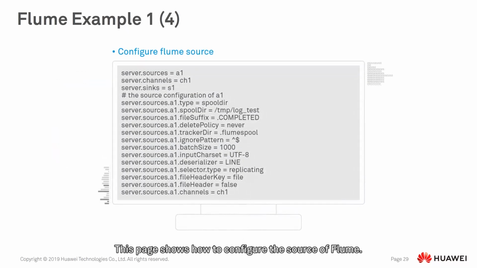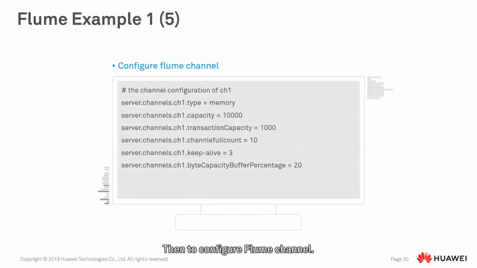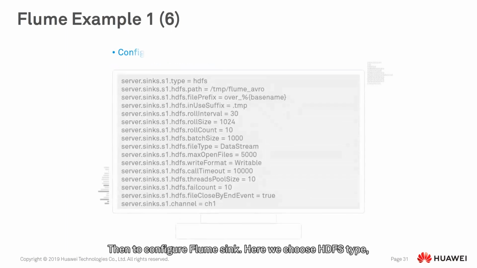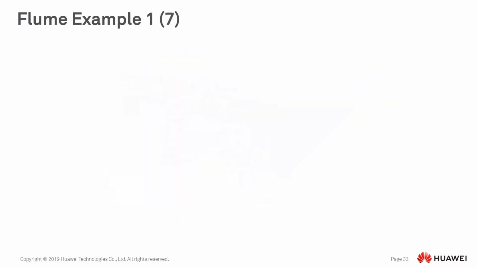This page shows how to configure the source of Flume. Here we choose the spooling directory source. Then to configure the Flume channel, here we choose the memory type, and other parameters are basically default. Then to configure the Flume sink, here we choose the HDFS type, which means that the data will be transmitted to HDFS.